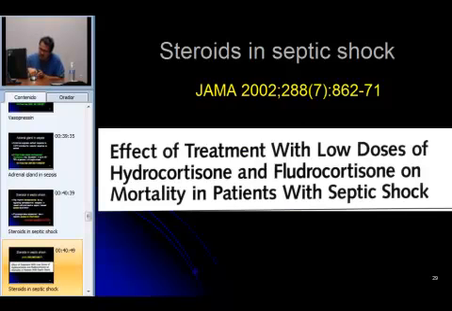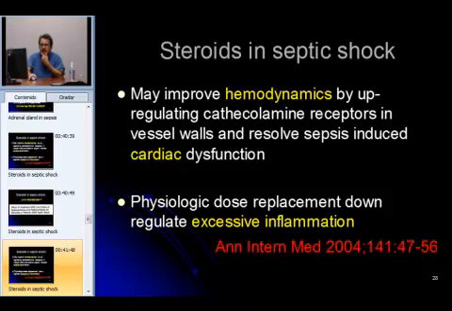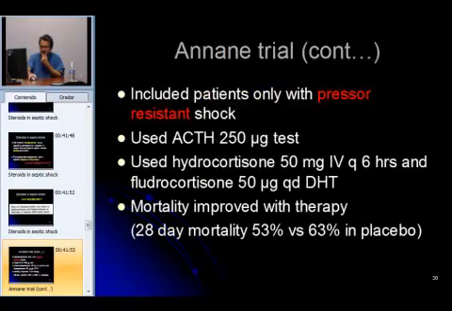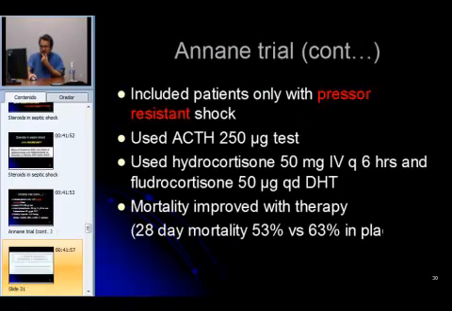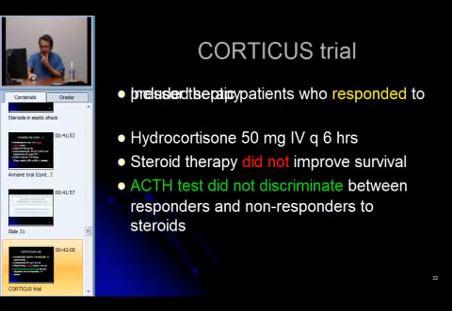How are you going to give them the steroids, and which steroid are you going to use? In the Annane trial, that's the one that showed it worked. And this is pretty much what you need to do.